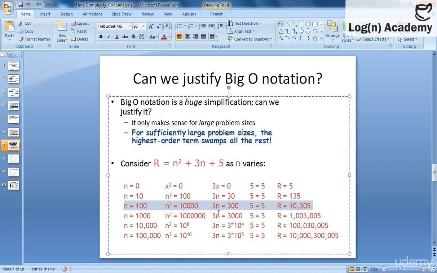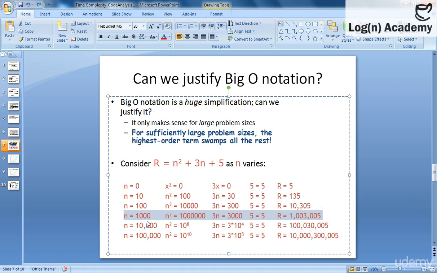As you can see, the value of n square is dominating. It has started to dominate. When the value of n is 100, n square is 10,000, and the rest of the values are just 305, the addition of 3n plus 5. Now let's see this one.